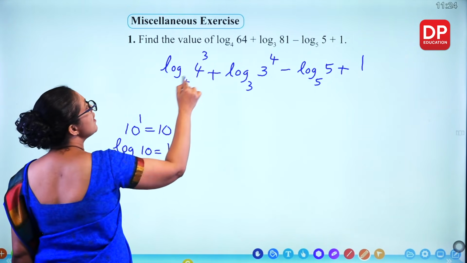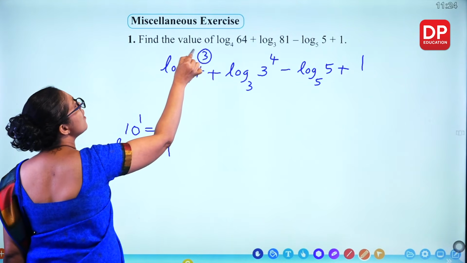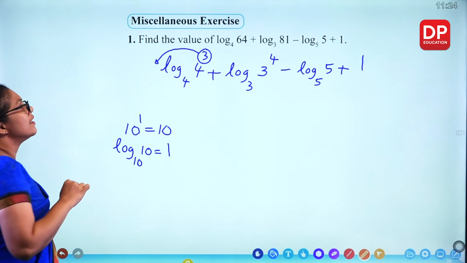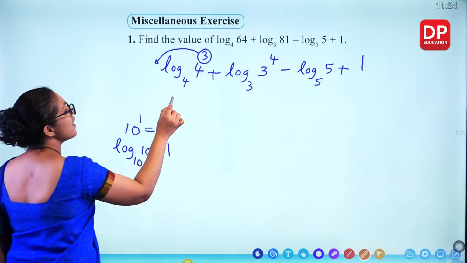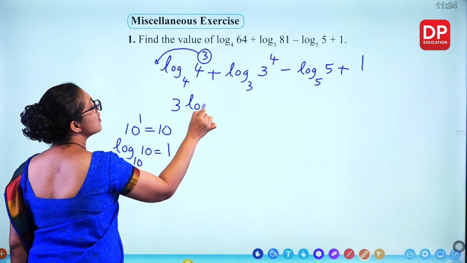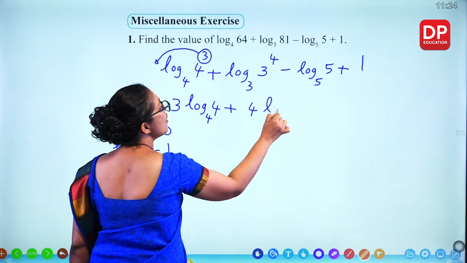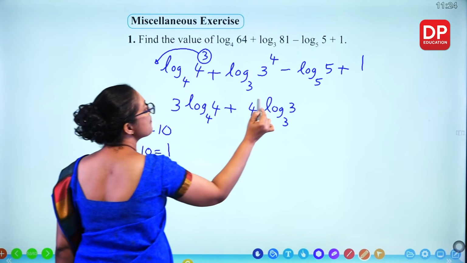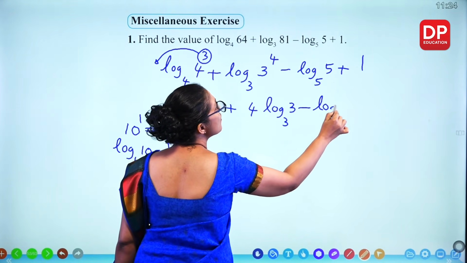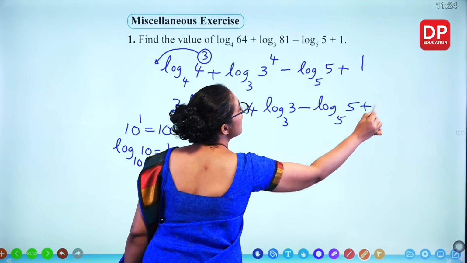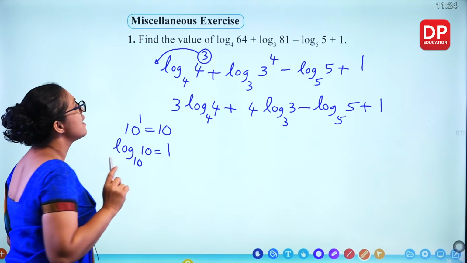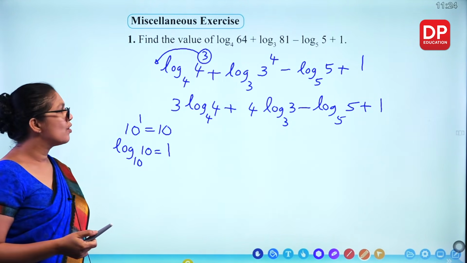Now here, when you take this one outside, what you can write? 3 log 4 base 4 and 4 log 3 base 3. You can straight away write down the answer. What's log 4 base 64?